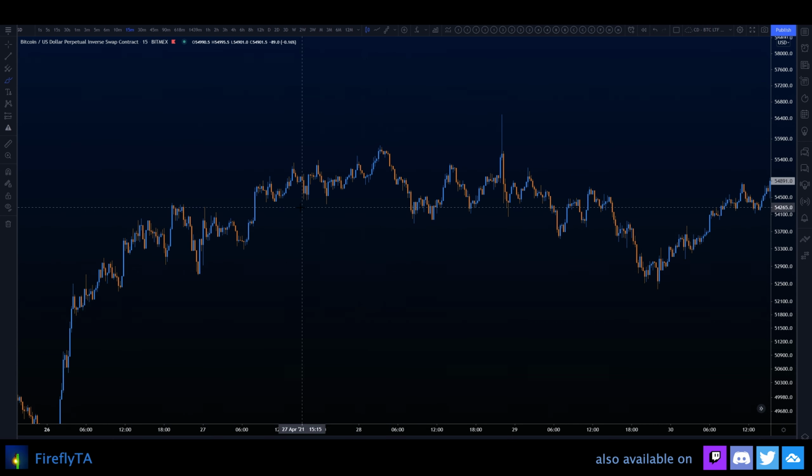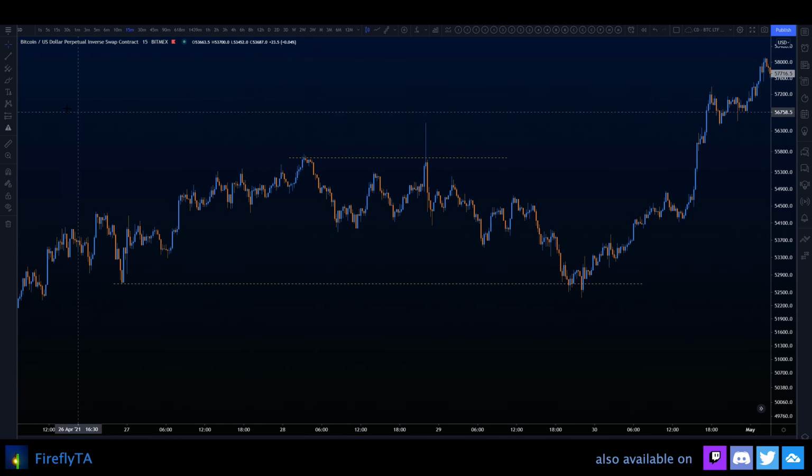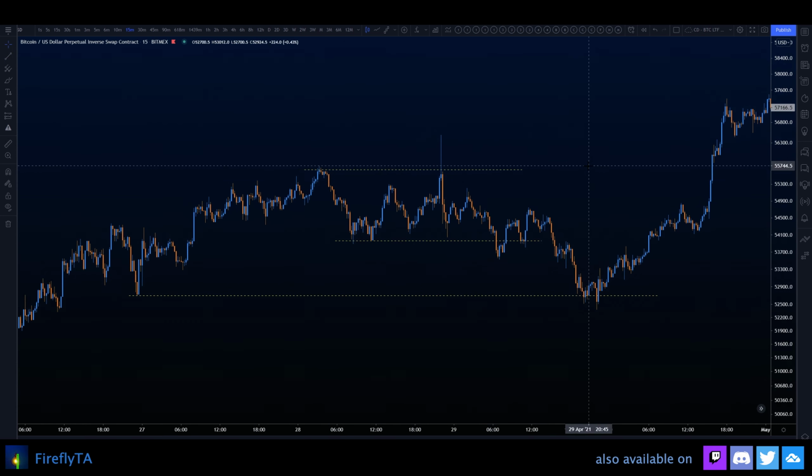And you can see that lows and highs are violated very often. For example, we had this kind of high and this kind of low, and this low here, you can see that these highs and lows are often violated.